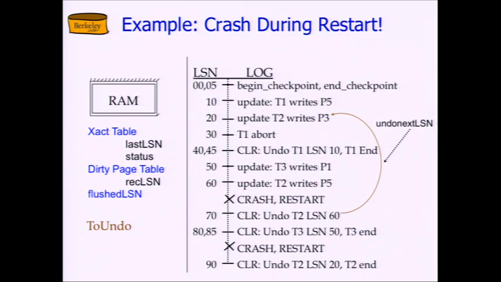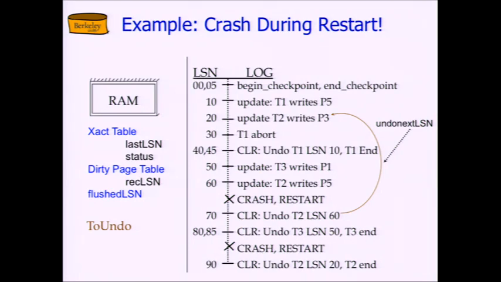And we're going to write an undo next LSN on the CLR. What is the undo next LSN? Well, it's on the slide. It's 20. Why is it 20? Why is 20 the undo next LSN of 70? Because it's the next thing in the log for T2 that needs to get undone.